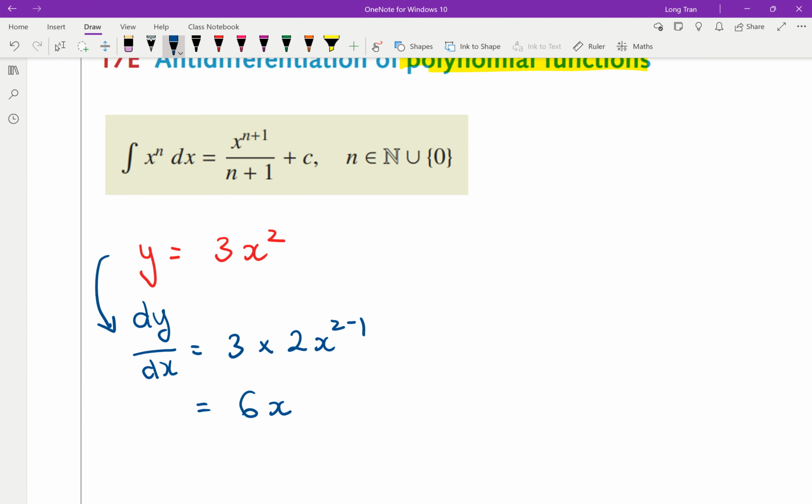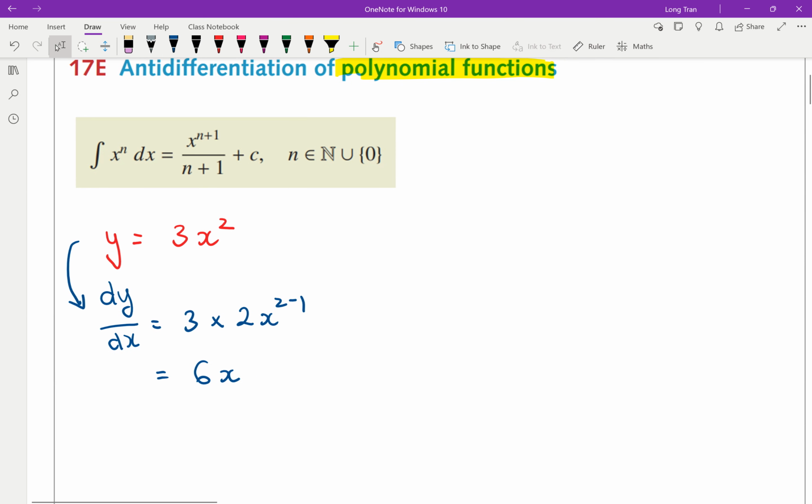Now, what you see in that step there, where you minus the power by 1 and you multiplied by 2, or the coefficient 3, now when you're doing antidiff, you're actually just doing the reverse of that. So going from 6x, I want to take 6x back to 3x squared.